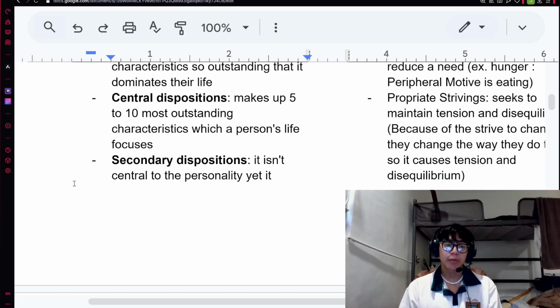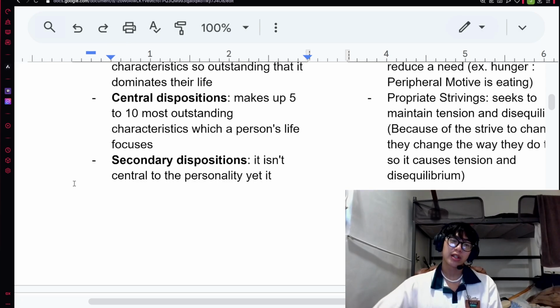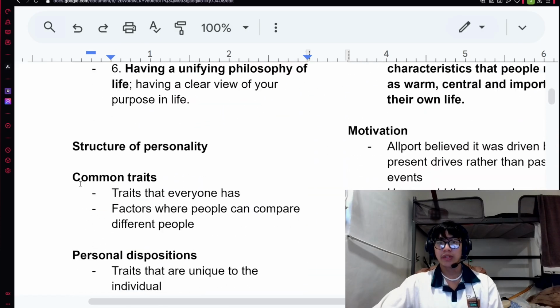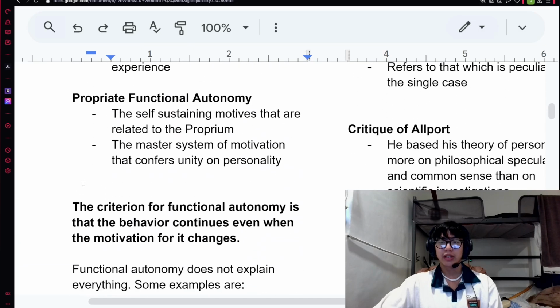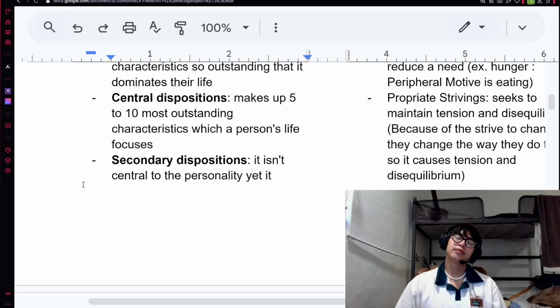Now, secondary dispositions are I am a fast writer, I am a bad actor, and I'm a very good gamer. Those are secondary dispositions. But then again, it's a bit confusing, as I said, because that's not really the definition. But to put it simply, so that we won't get confused.